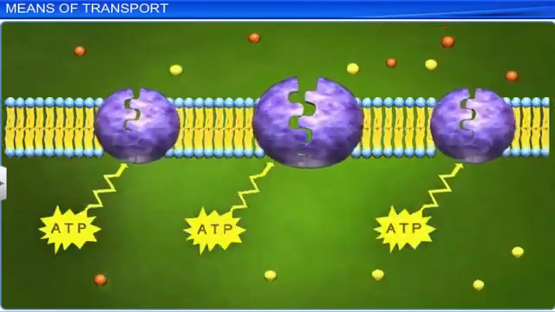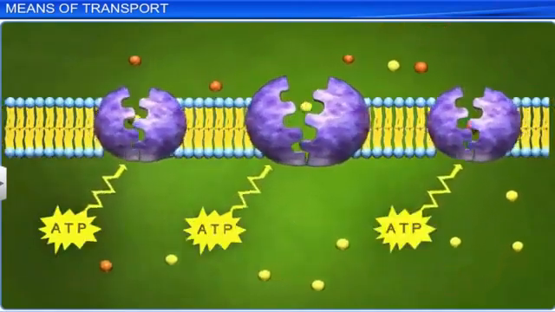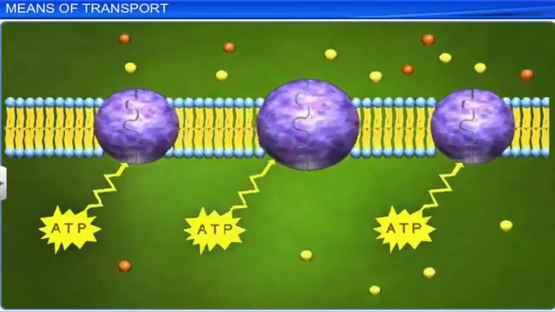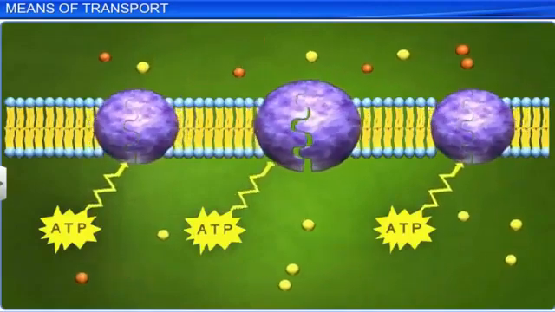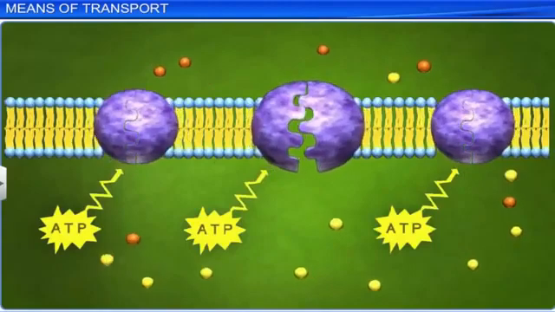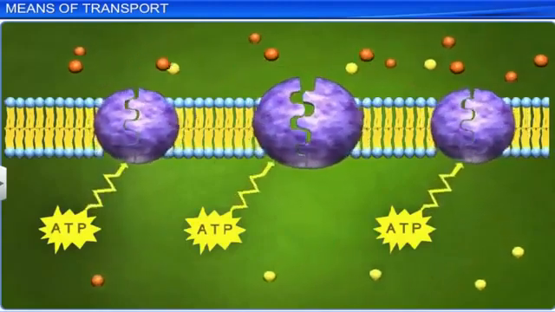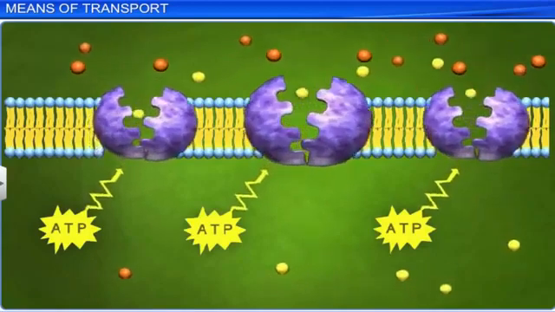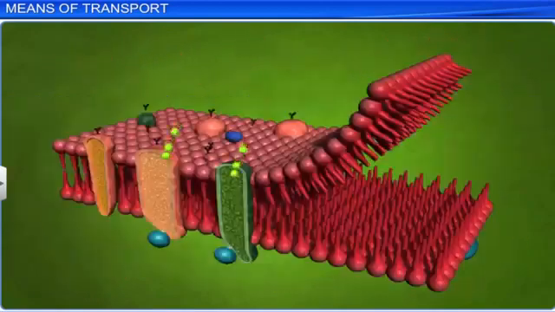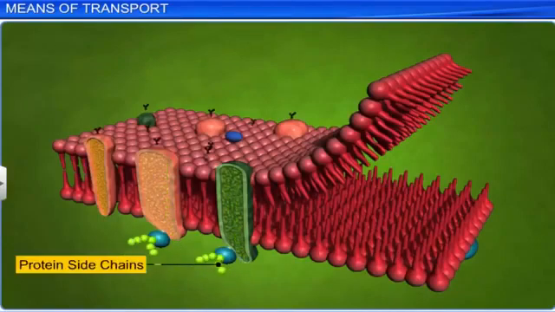Just like facilitated diffusion, the active transport rate is maximum when all protein transporters are being used or saturated. Also, these proteins are specific to the type of substances they carry across. They are sensitive to inhibitors that react with their protein side chains.